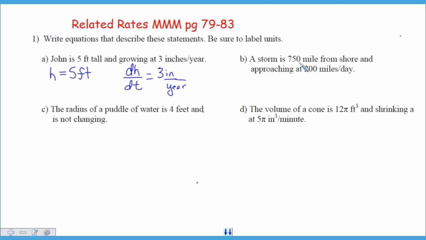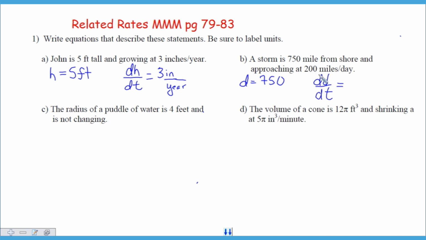A storm is 750 miles from shore and is approaching at 200 miles a day. So I would call this distance because the storm is away from the shore. So I'm going to say D is 750 and it is changing. See how it's approaching? So the distance between the shore and the storm is changing with respect to time because it's per day.